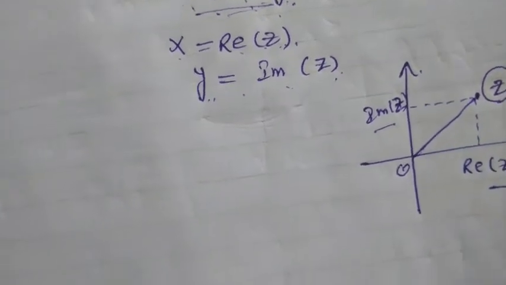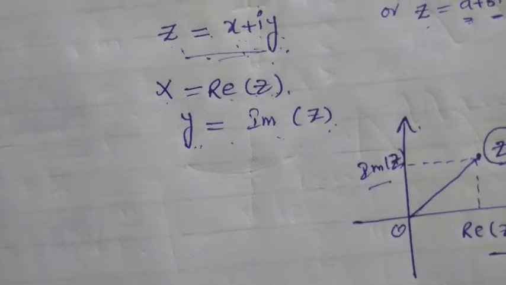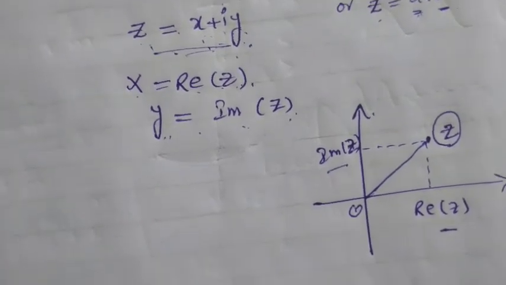Any complex number can be written in terms of its magnitude and phase.